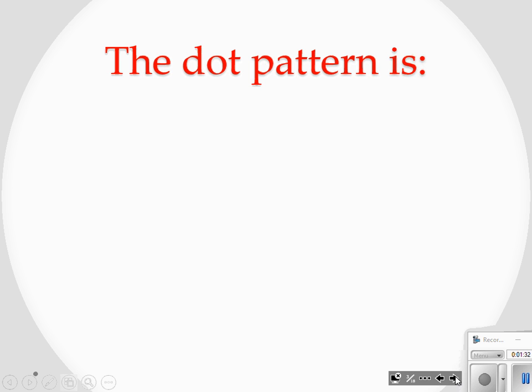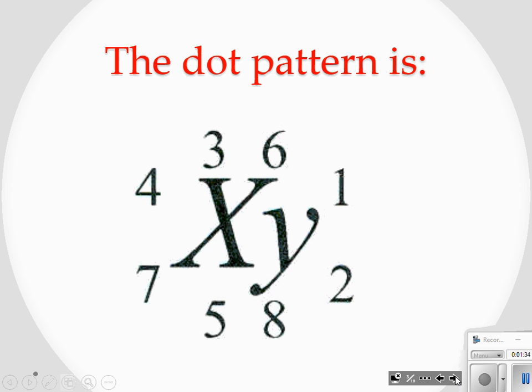Here is the dot pattern that we will use. If you would, just copy that down and then we'll explain it. Notice that the dot pattern only has 8. We represent the first 2 on the right-hand side of the symbol.